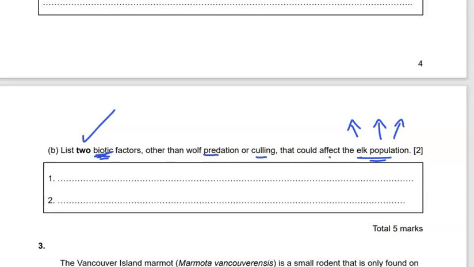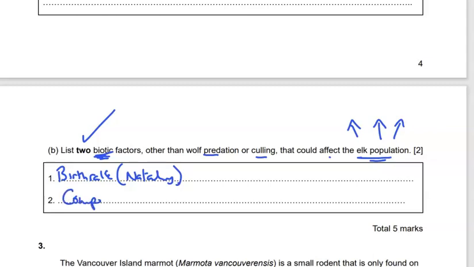Perhaps we could begin with the birth rate, which is sometimes called natality, the recruitment to the population through the birth rate. So whether this goes up or down will influence the elk population.